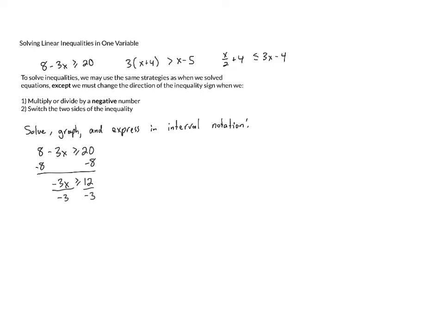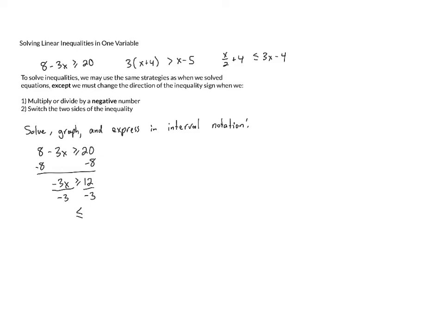But I want to point something out here. We are dividing by a negative number, and we know that if we multiply or divide by a negative number, we must change the direction of the inequality sign. So when we divide by a negative, this greater than or equal to sign turns into a less than or equal to sign.